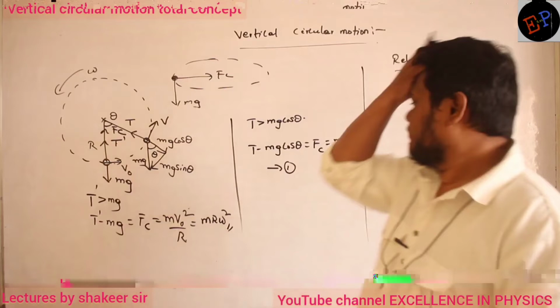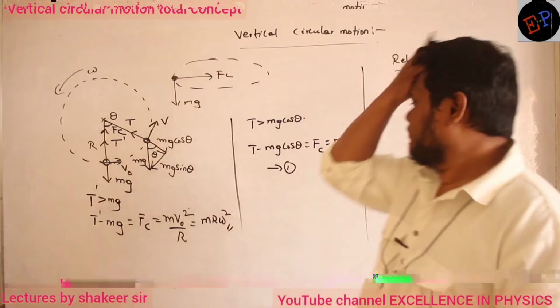So therefore, U minimum is equal to √5gl for a body to complete a circular path.